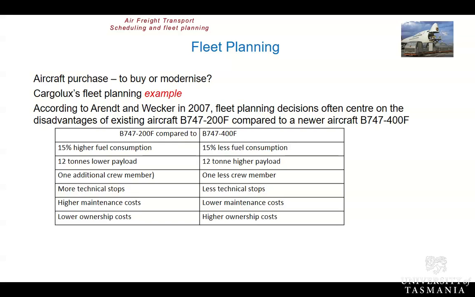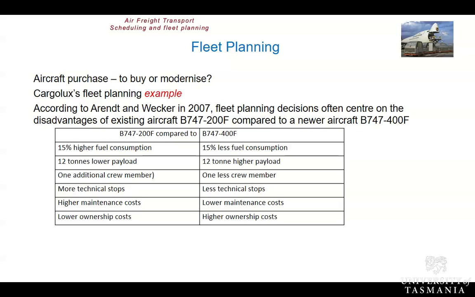At the bottom though, there was lower ownership costs and higher ownership costs. I suppose if you were looking at both of them, you'd say at this point, this is the only thing going for the 200F, is the lower ownership costs.